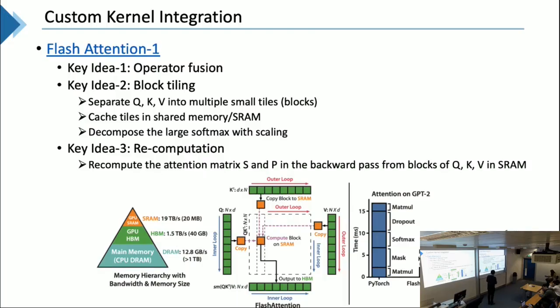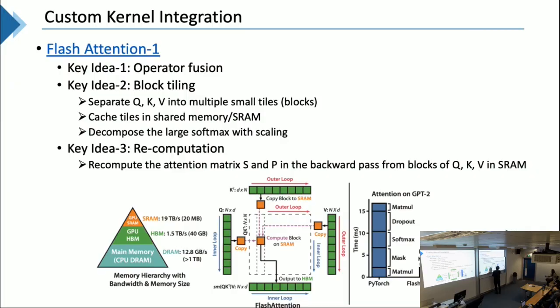So that's the trick they are doing, and it is one of the most important techniques they propose in FlashAttention V1. They decompose the large softmax with scaling. In the literature, we also call it algebraic aggregation, which means that instead of just doing softmax independently, we also track some statistics.